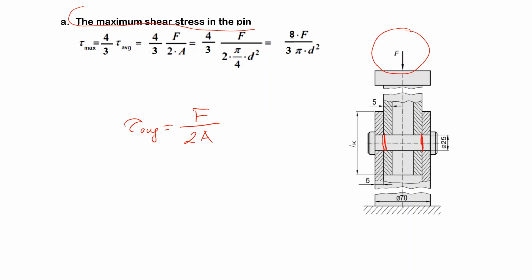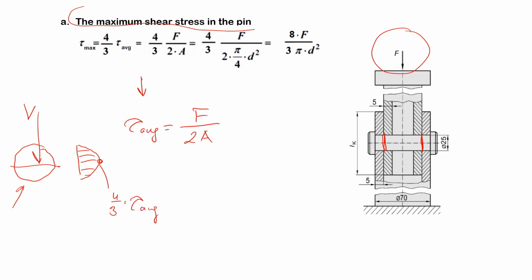But we all know that if you have a section and a shear force, the distribution is not uniform. So we shouldn't use the average value, and the maximum shear is on the surface, and for a circular section, this is 4/3 times the average value. So you see this relation over here.